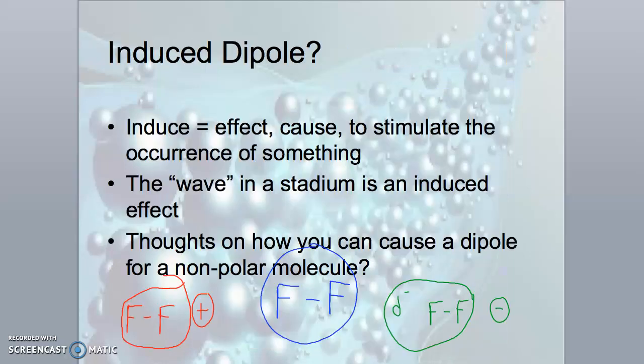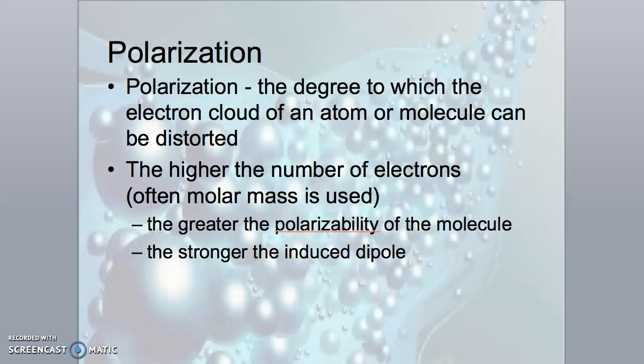An induced dipole is when we don't have a dipole, but we create one. So I tried to represent down at the bottom that we could have fluorine, which is nonpolar, no dipole, but if in the presence of a charge, we can distort that electron cloud and induce a dipole. So this term polarization refers to how much an electron cloud can be distorted.